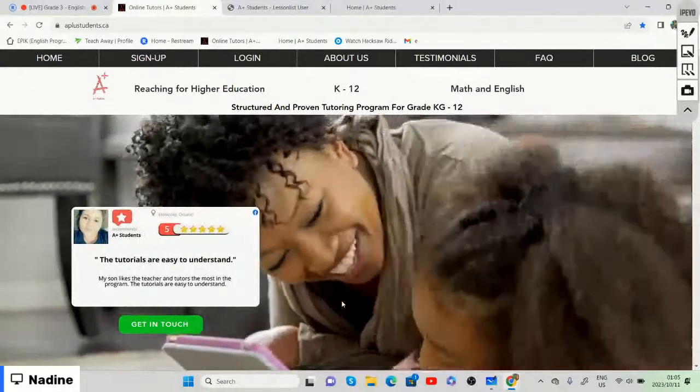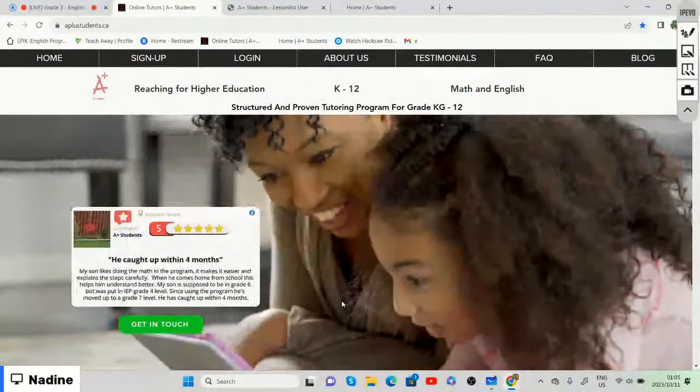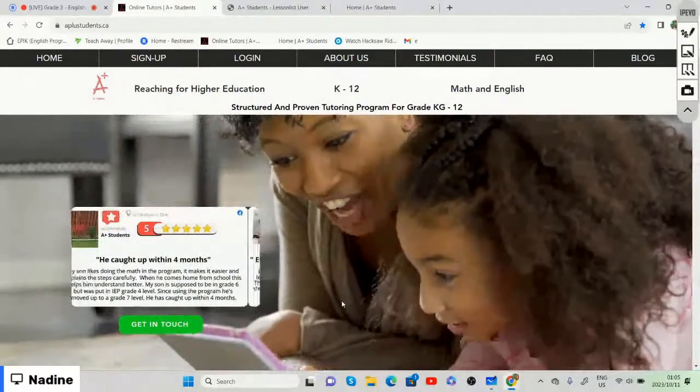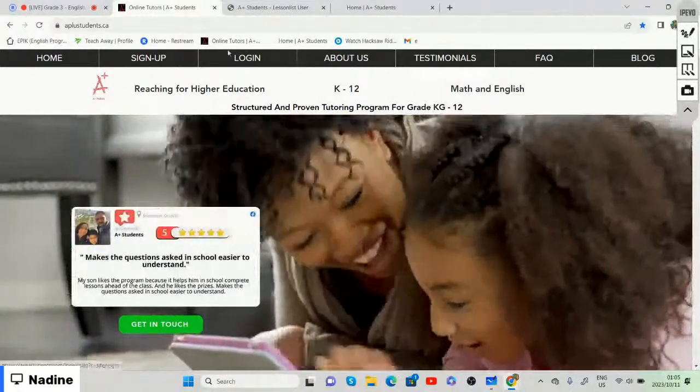Then we choose grade 3, and we scroll down until we get to the chapter of nouns.